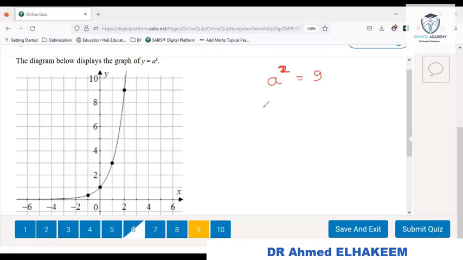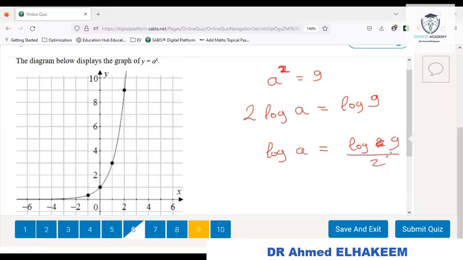If I take log on both sides, it will be 2 log A equal to log 9. So log A is equal to log 9 over 2.